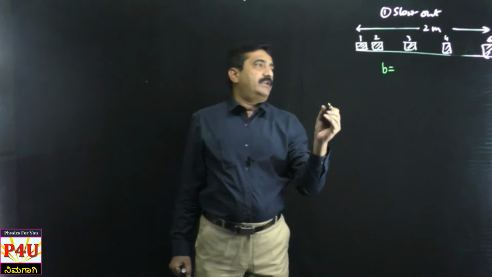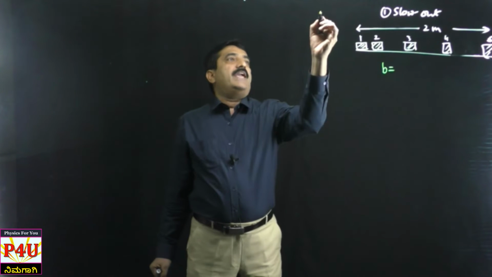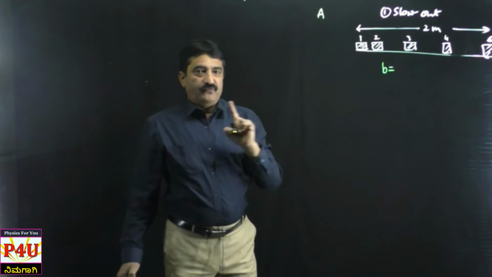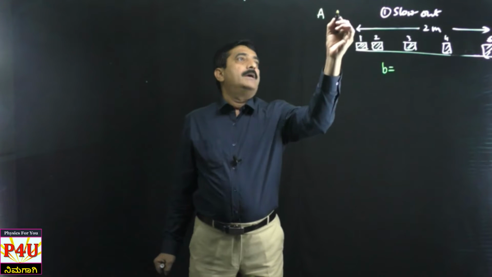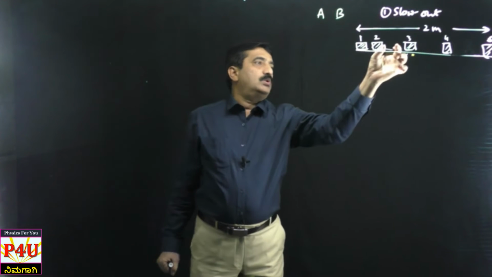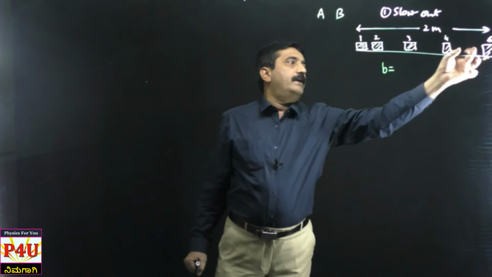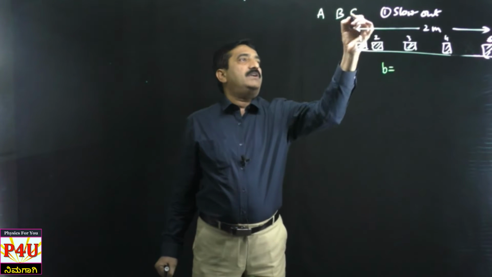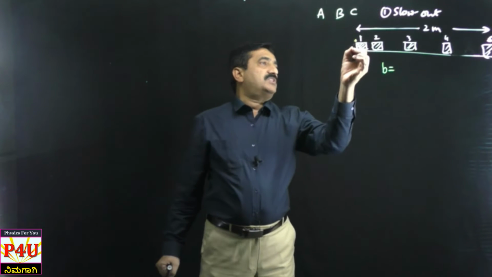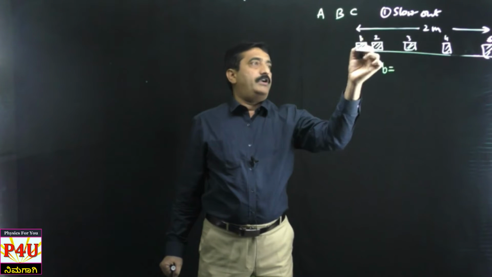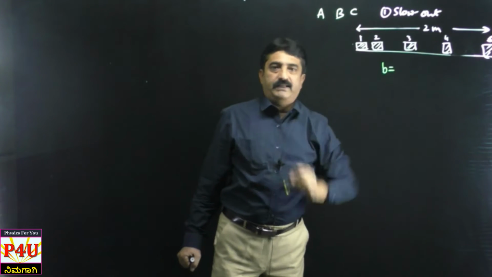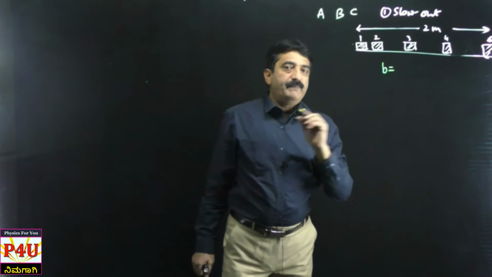I hope you know already the notations I used. A for total number of frames, B for distance between two successive frames. It can be between 1 and 2, 2 and 3, 3 and 4, 4 and 5, and C for distance between first and the present frame. It may be from 1 and 2, 1 and 3, 1 and 4, 1 and 5 like that. So small b is base distance.